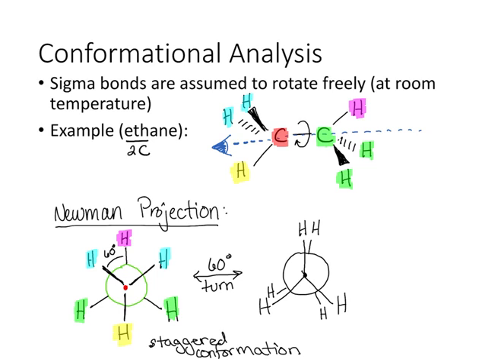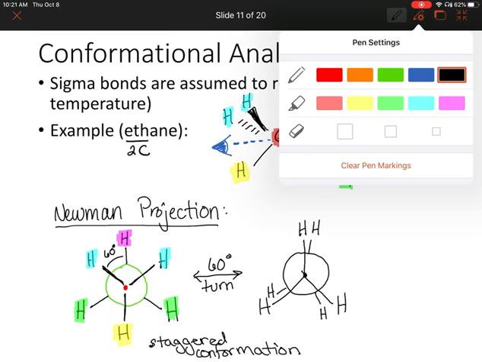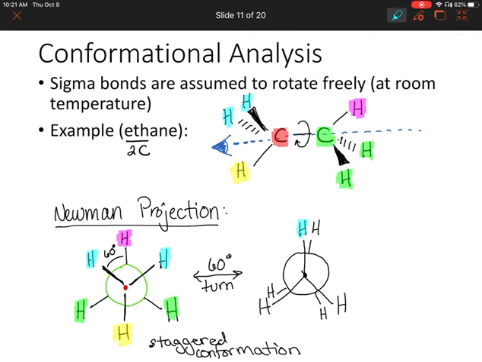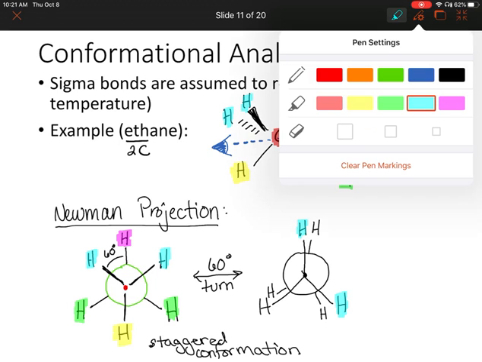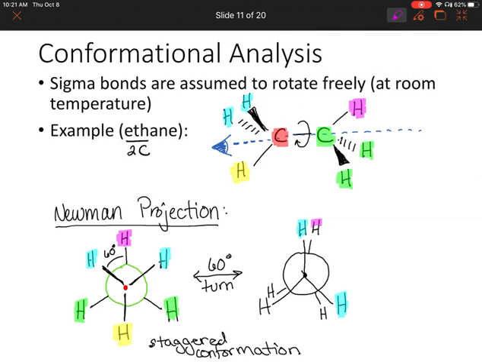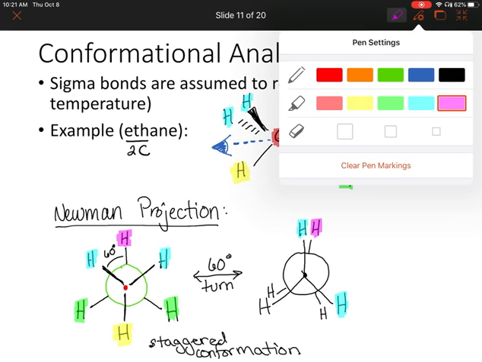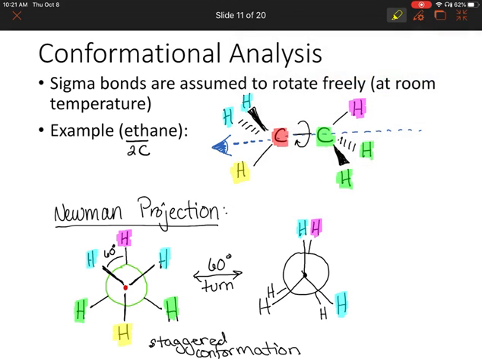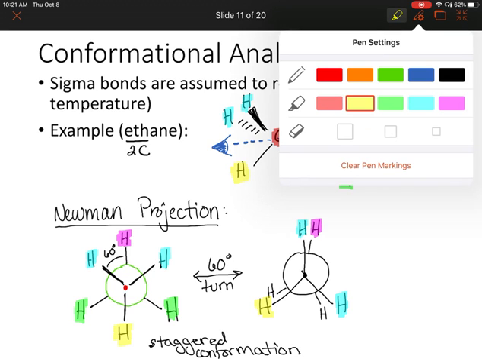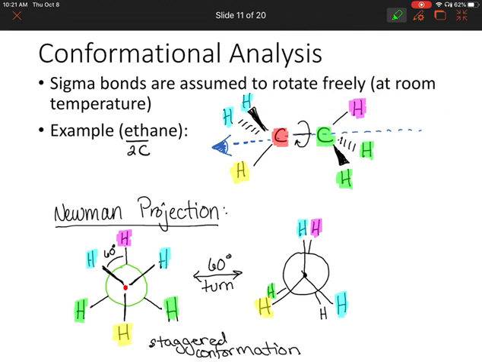Try to draw this as best as I can. And then let me also highlight the hydrogens so we can keep track of which one is which and how we turned these. Let's see, so purple's in the back, and then we've got our yellow hydrogen that has shifted over 60 degrees, and then our green hydrogen stayed in place.